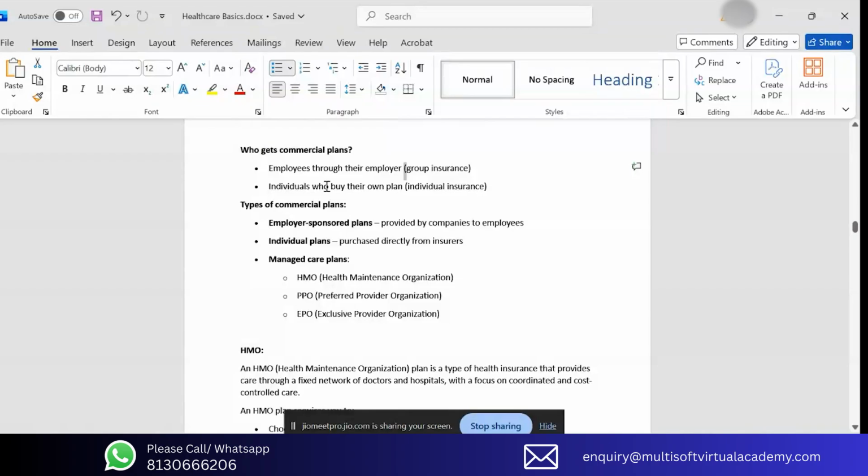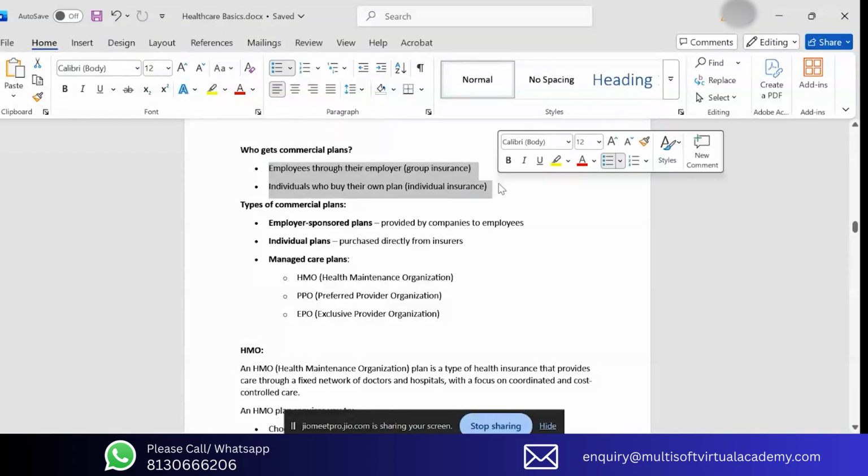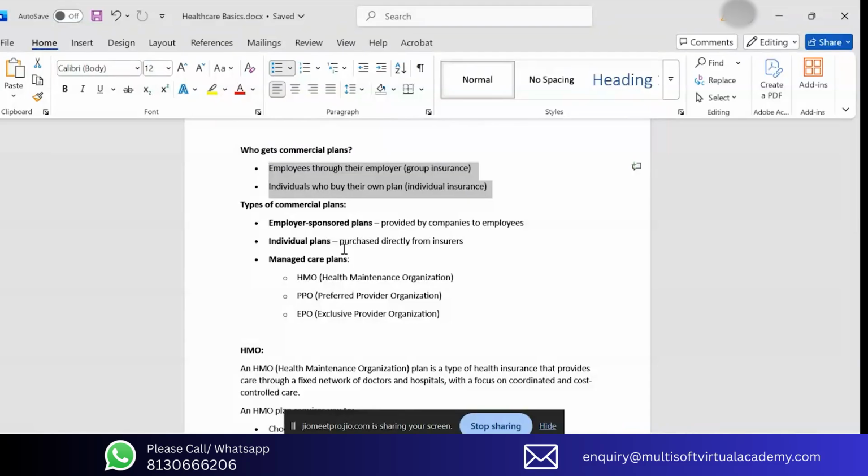In this case, you might ask me, what if I get both group insurance and individual insurance? Suppose I'm already working in an organization, and the organization is already providing an insurance benefit for me and my family.